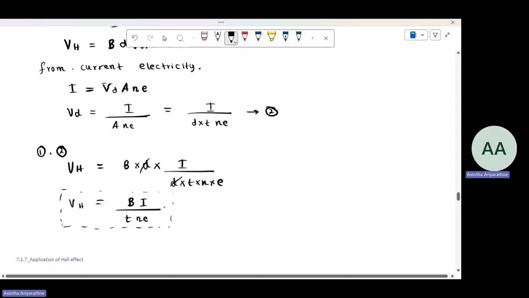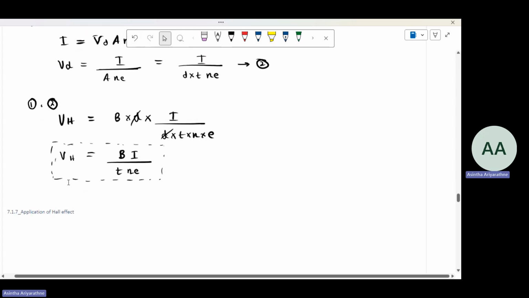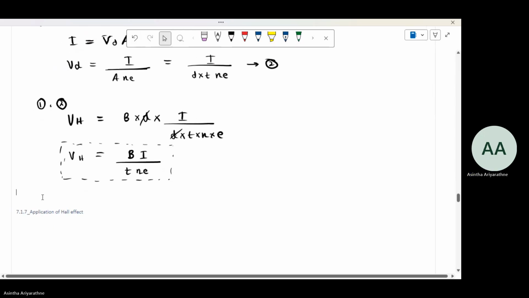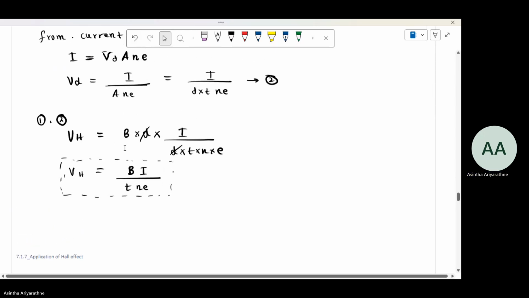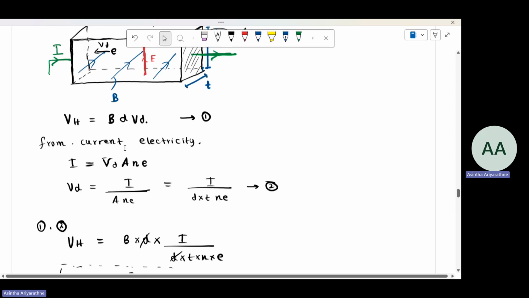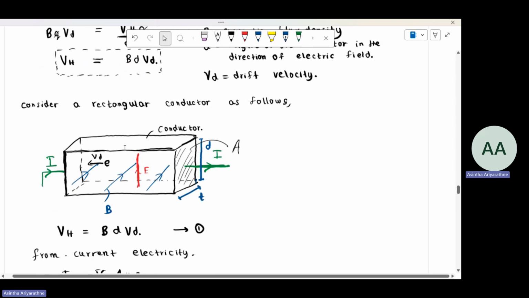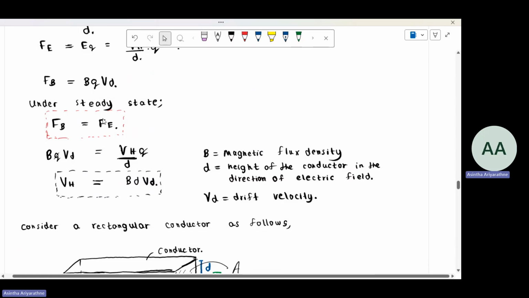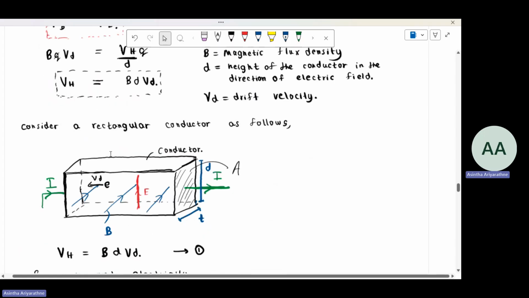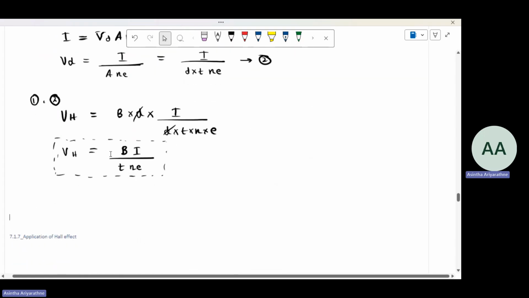VH is B D into Vd, and D gets cancelled out, giving B I over T n e. This is the expression for the Hall voltage in terms of current. This can also be derived within a couple of seconds. What is important here is the basic principle: under steady state, FE is equal to FB. From that, you can easily derive this equation.